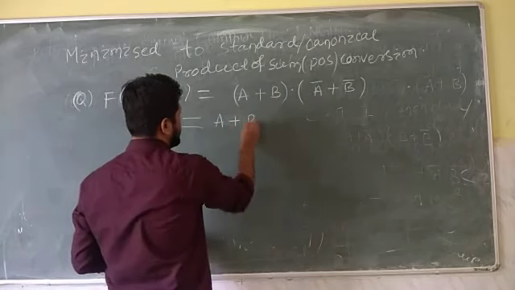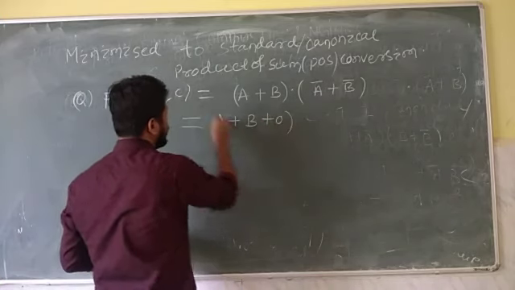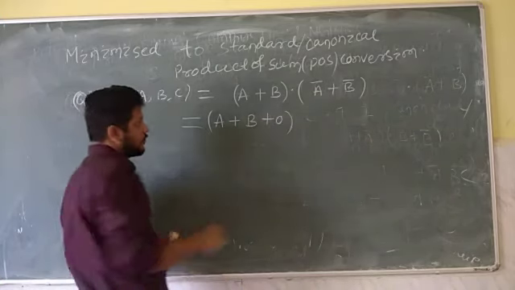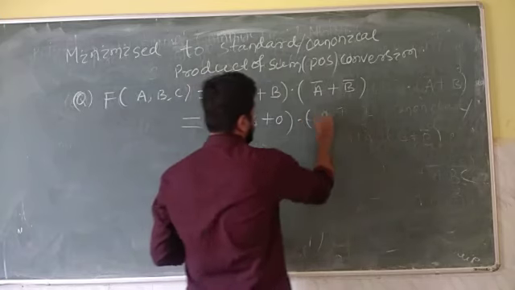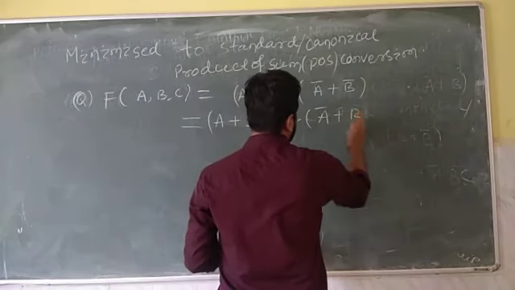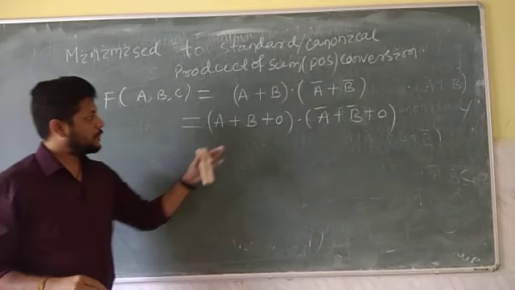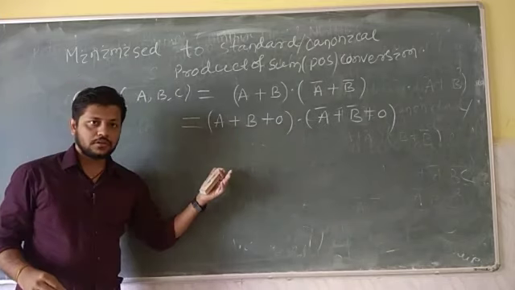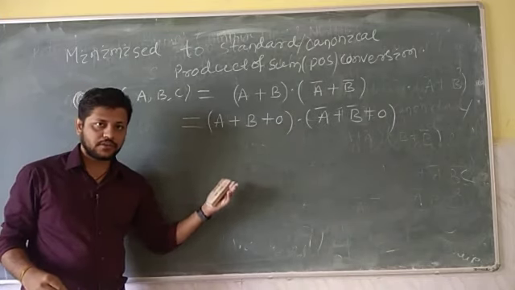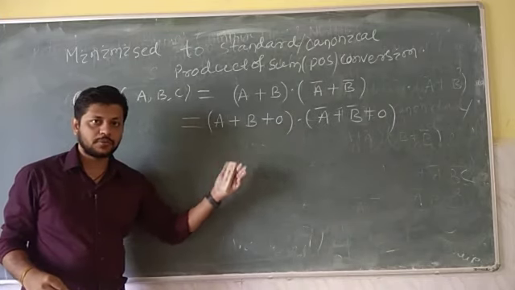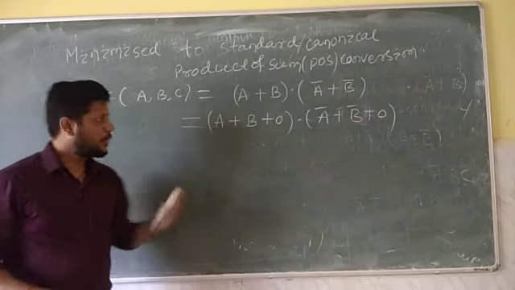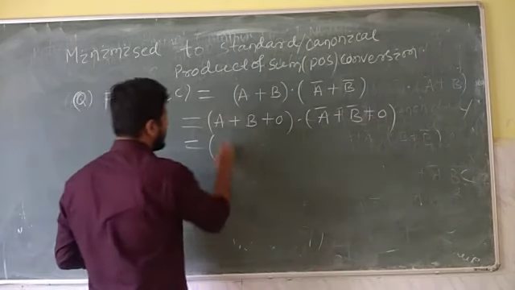A or b or 0, a or b or 0 and a bar or b bar or 0. Because addition of 0 doesn't affect your expression. Addition of 0 in case of product of sum form doesn't affect your expression. So then how to write this?